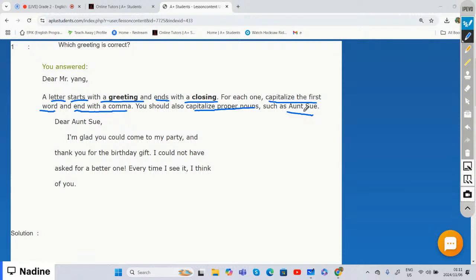And if we look at an example of a letter, if we start with our greeting, remember, you're writing a letter to someone, the first thing you do is you greet. So you're going to greet by, for example, saying, Dear Aunt Sue. And this is our greeting. This is how we start our letter. Dear Aunt Sue. Dear Jason, your friend.